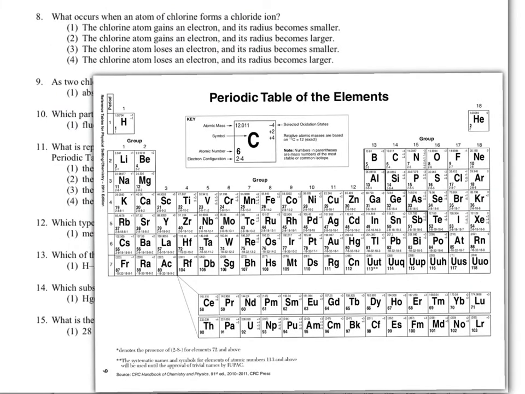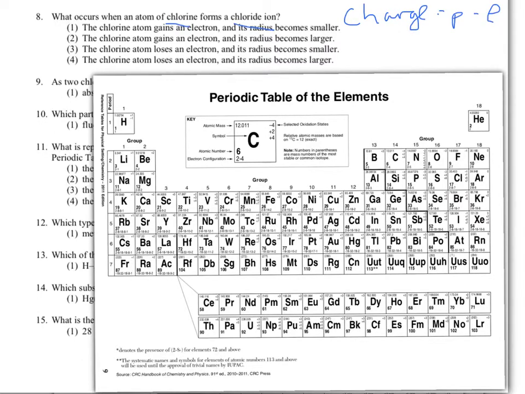The next question asks, what occurs when chlorine forms a chlorine ion? Now we'll refer to our reference table and we'll find chlorine. Chlorine is atomic number 17. Recall from the previous example that we have a formula that says that charge equals protons minus electrons.